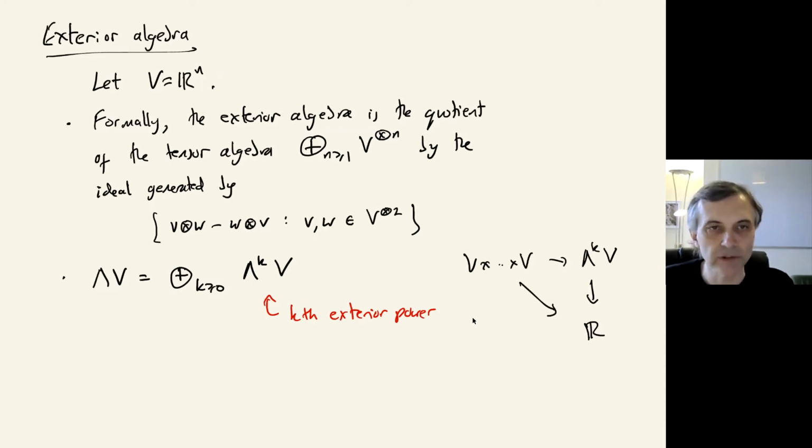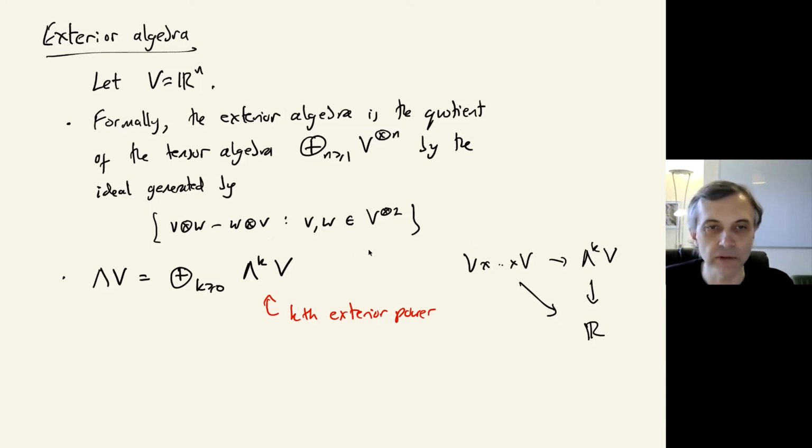Let me talk about the exterior algebra method. Let me give you an abstract slide, and then I'll be much more concrete on the next slide. Let's start with a vector space R^n. This is here as due diligence. The exterior algebra is the quotient of the tensor algebra by the ideal generated by v tensor w minus w tensor v.